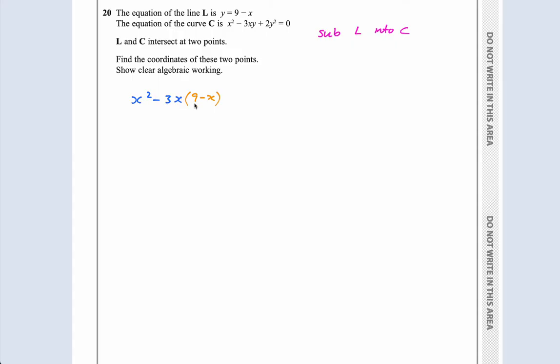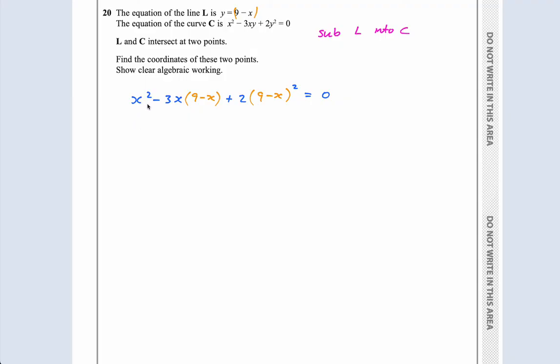It's 3xy, but our y is 9 minus x because y equals 9 minus x. There you have it. And then plus 2, again, y squared, but our y is 9 minus x squared. And this equals 0.